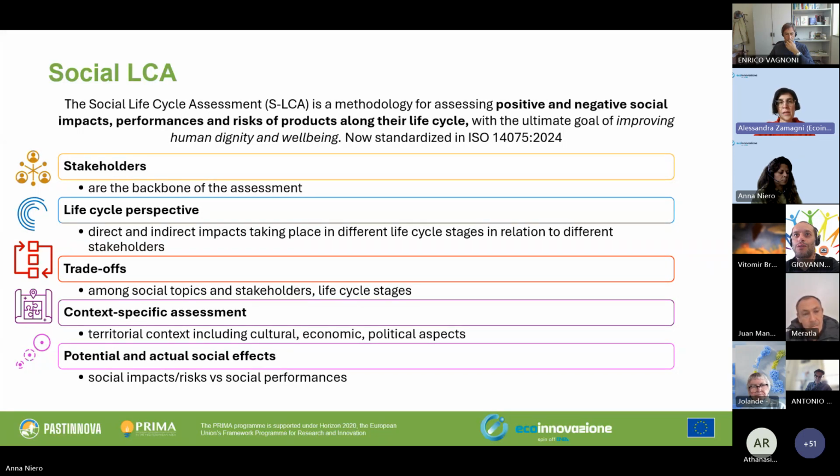So everything that is somehow defining the way in which the system behaves and reacts to a certain product system that is developed. So the context means that evaluating the social impact of a production system, such as the pastoral system in a certain area in Sardinia, might have different characteristics than elsewhere. And this is very important to acknowledge, and this is what makes the assessment very peculiar compared to LCA.